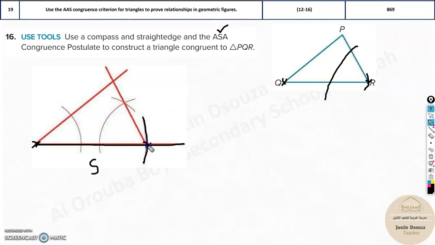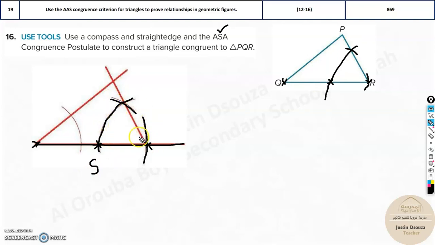Draw a full arc. Remember, the arc must be full. Then remove the compass, keep it over here, measure this distance and draw an arc like this. So at that particular distance, you need to keep this and draw over here.